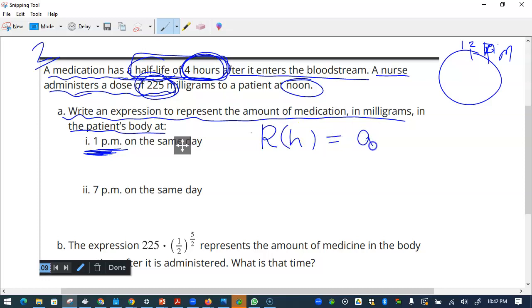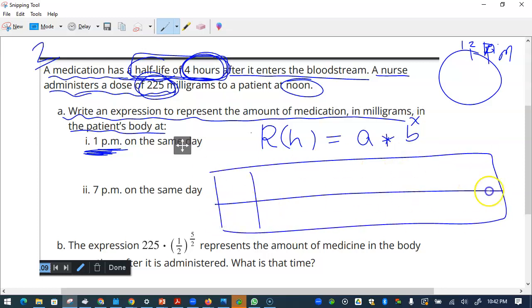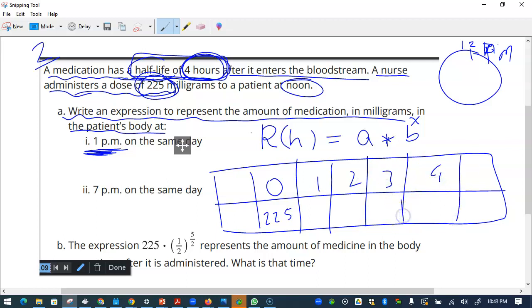The formula is A times B raised to X. In the beginning, at 0, it is 225, but after 1, 2, 3, and the fourth hour, after 4 hours from noon, it means 4 p.m., the medicine becomes one half of this, which will be 112.5. So from here to here, you're multiplying by half.